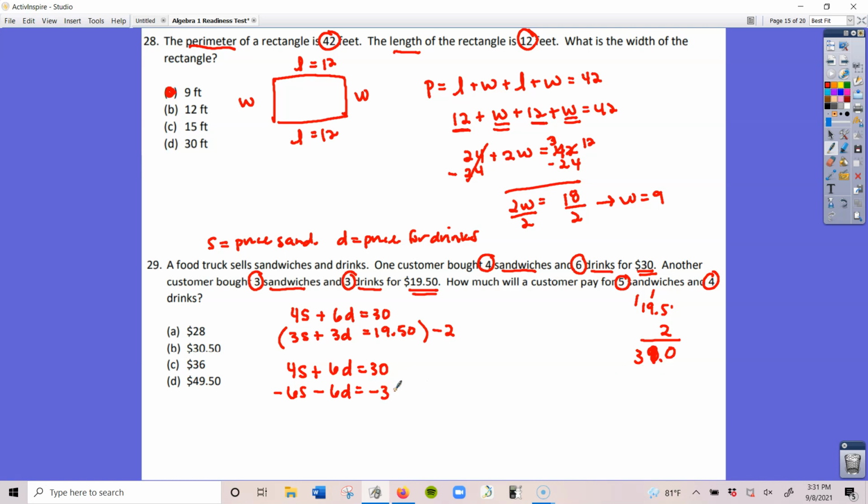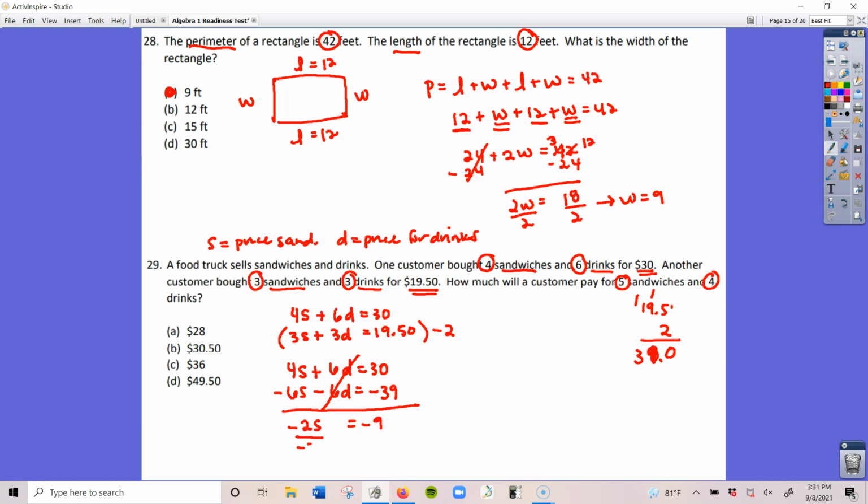Negative 39, because the 2 is negative. Now we add the equations together. 4S minus 6S is negative 2S. 6D minus 6D, see, they cancel out. We get 0D. And that's going to equal 30 minus 39, which is negative 9.